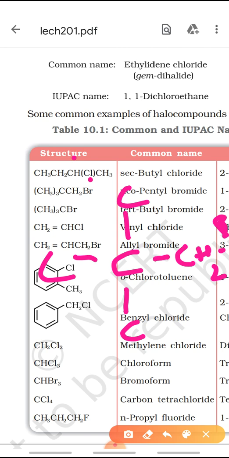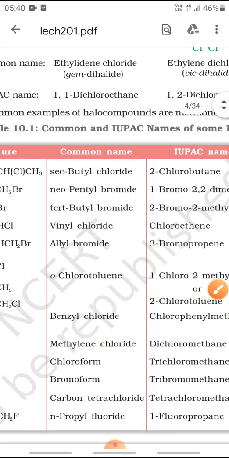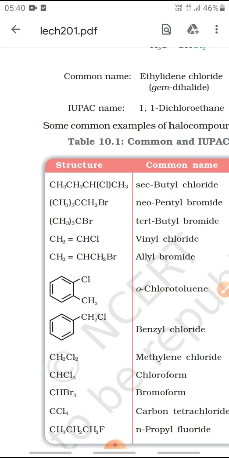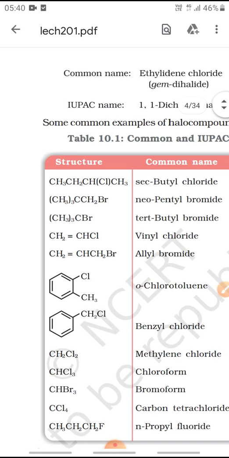Now you can name it. It will be the same example that we have taken there: 1-bromo-2,2-dimethylbutane. Sorry, not butane, it will be propane. 3 carbon atoms are there.